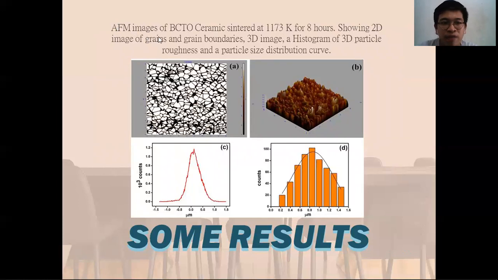Here it shows AFM images of BCTO ceramic sintered at 1172 Kelvin for an 8-hour process, showing a 2D image of grains and grain boundaries, a 3D image, and a histogram of 3D particle roughness and a particle size distribution curve.